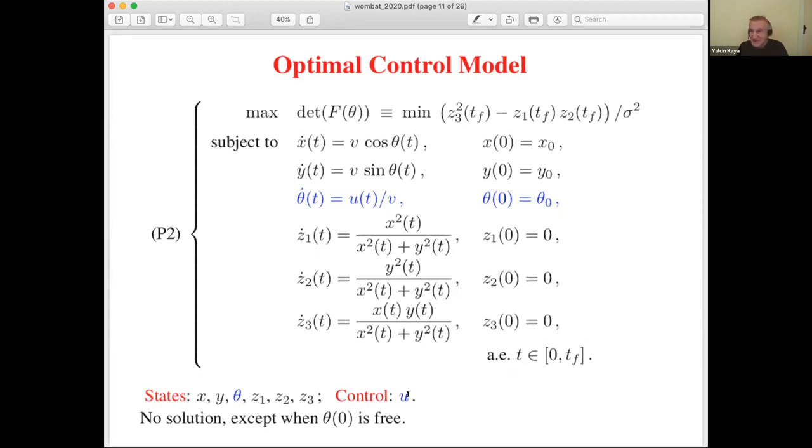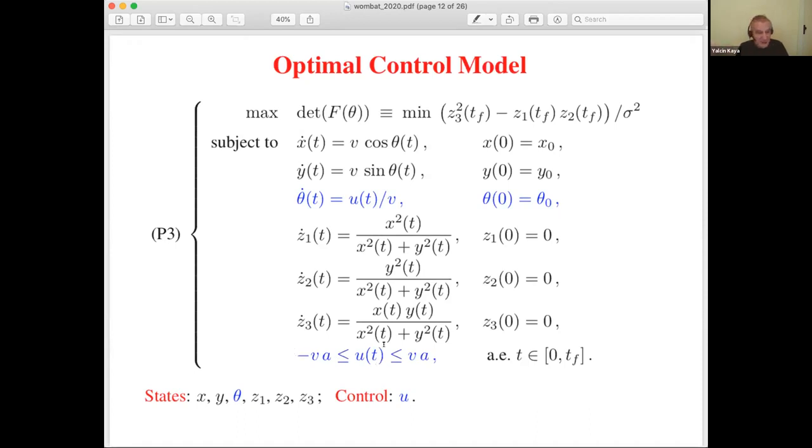But unfortunately, here we have no solution. Why? Because unless you choose theta 0 to be the optimal value of the previous problem, P1, you will have to have an impulsive change in the control, a point change, a jump. So therefore, no solution. However, it's again natural to constrain the rate at which the heading angle will change.